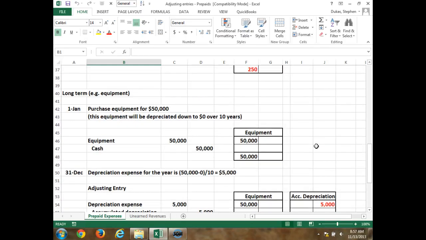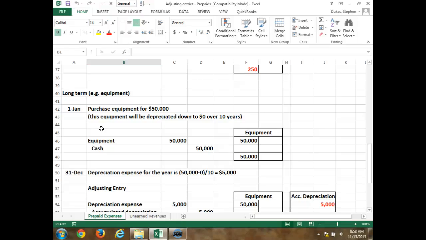What about for long-term assets, in this case equipment? Let's take this example. On January the 1st, we buy $50,000 worth of equipment. This equipment, in our example, will be depreciated down to zero over a 10-year period.